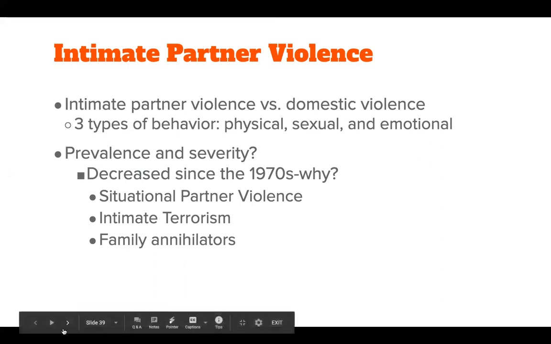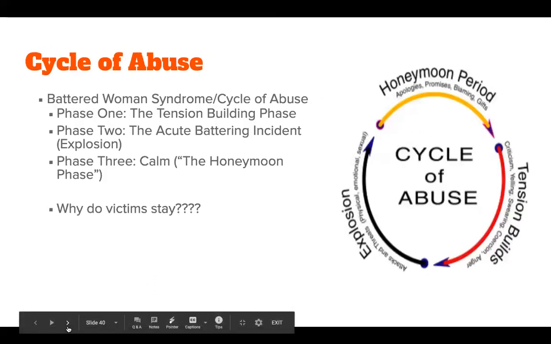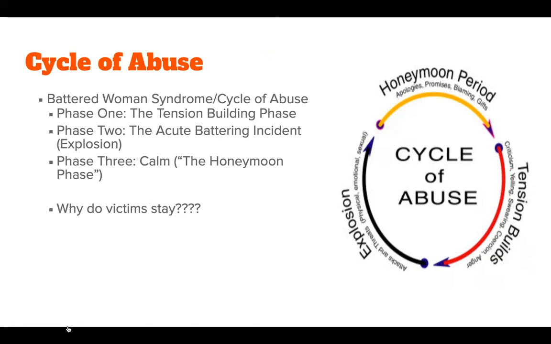So going back to the cycle of abuse, what used to be called battered women syndrome, this was a theory that was created by a psychologist, and it was meant at the time to provide a defense for women who violently retaliated, right?